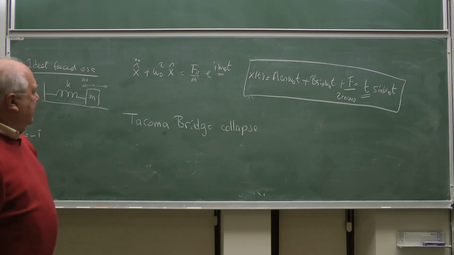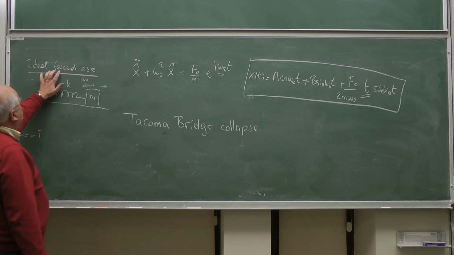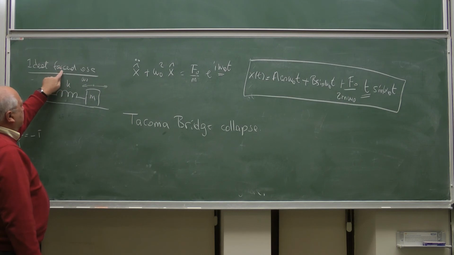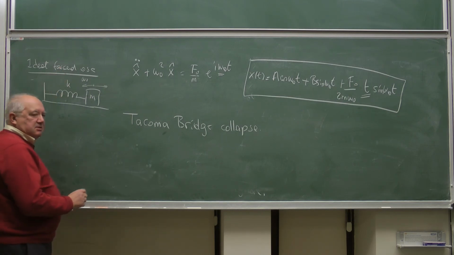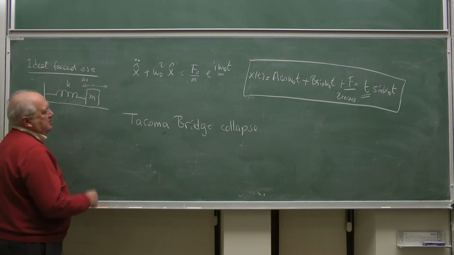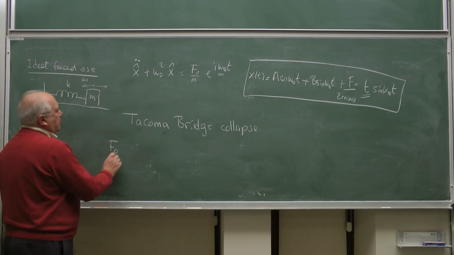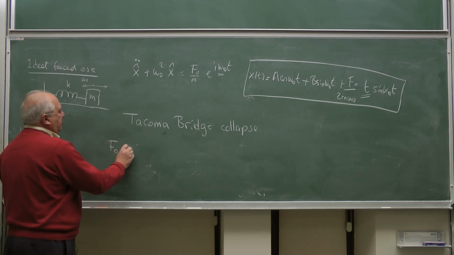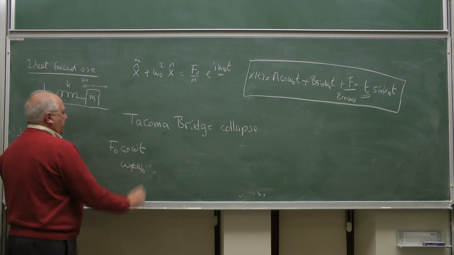Okay, so what we have done is we studied what happens if we drive an ideal oscillator with a force of the same frequency. Now I give a homework problem or an exercise. Drive not by f0 cosine omega 0 t, but drive by cosine omega t, omega not equal to omega 0.